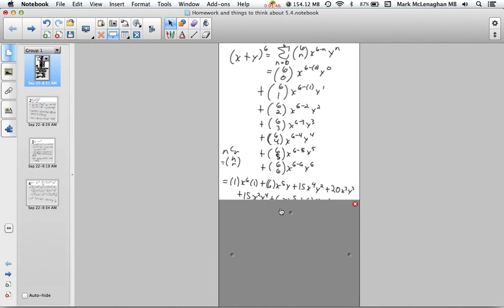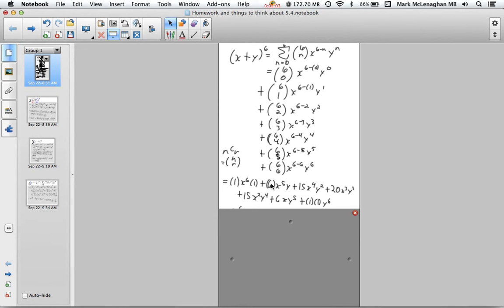So if we expand each term, we get something that looks like this. We have 1, which is the 6 choose 0, x to the 6, and then 1 because y to the 0.